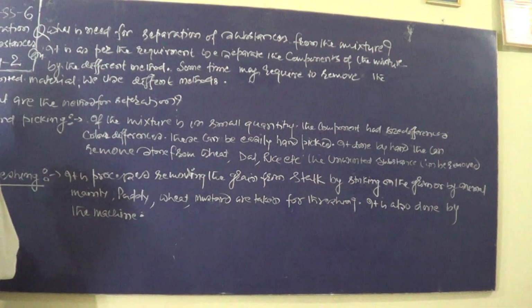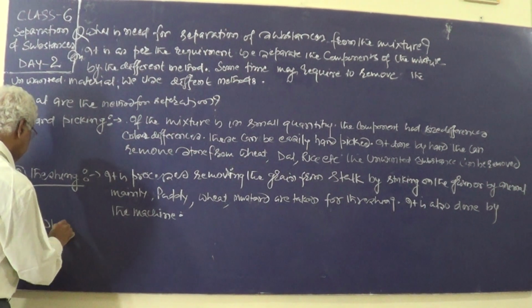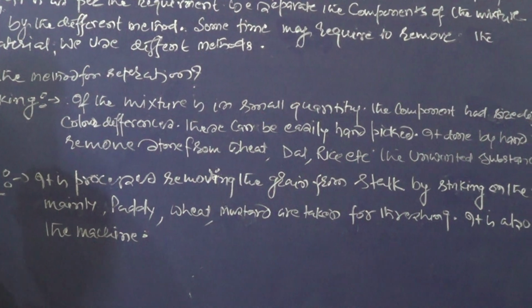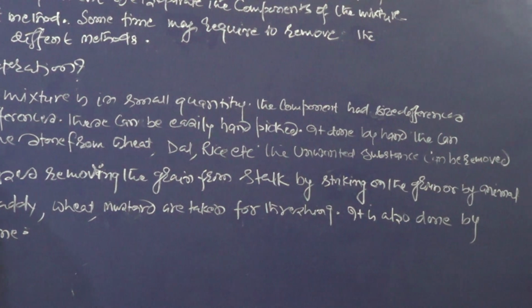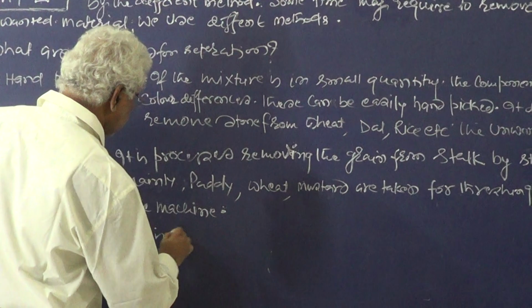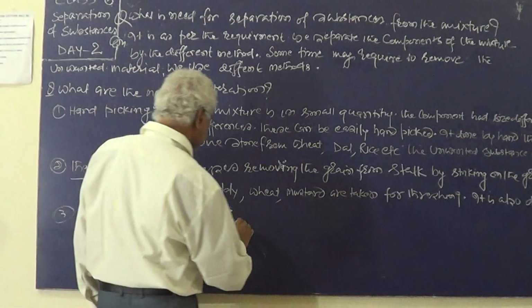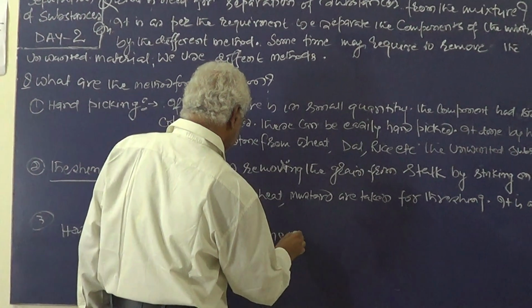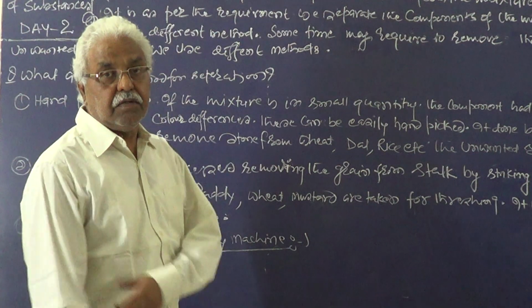What is a threshing machine? How is threshing done by the machine?